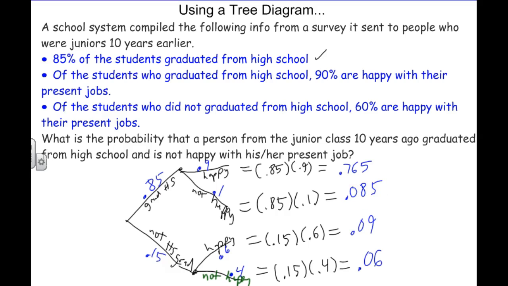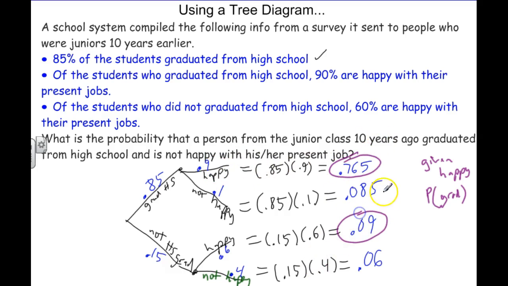If the question was, because I'll see this sometimes: given that you are happy, what is the probability that you graduated from high school? So let's figure that out. Given that you're happy, which of these 4 are happy people? Well, 76.5% of people are happy who graduated, and 9% of people are happy who didn't.